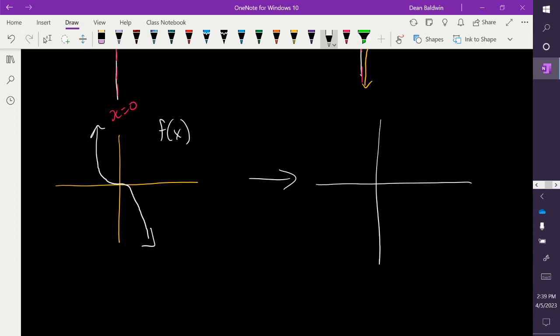What's the slope at the origin? That's a saddle point, or a point of inflection, that we learned about in grade 12. All right, you ready?